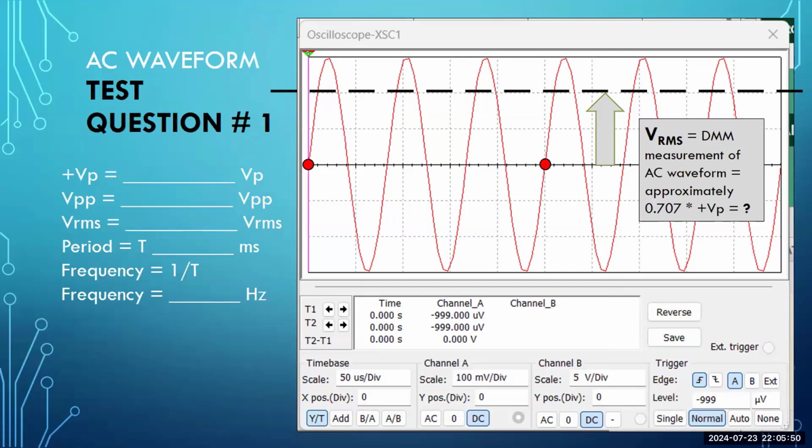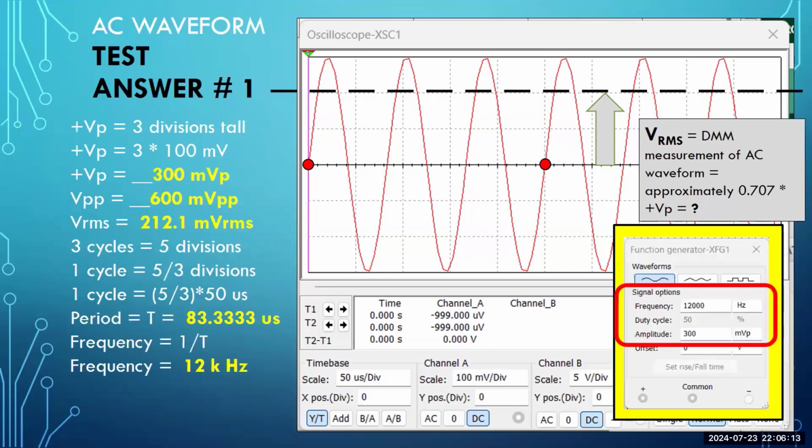You were shown the scale for the time base and the scale for the channel A voltage. That's all you were shown. You had to figure it out yourself, all the things that need to be looked at in order to fill in these values, okay? So yes, you are not given the function generator as any part of this image.